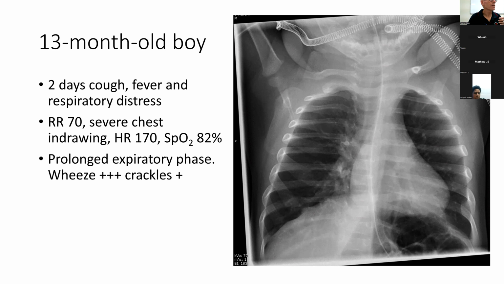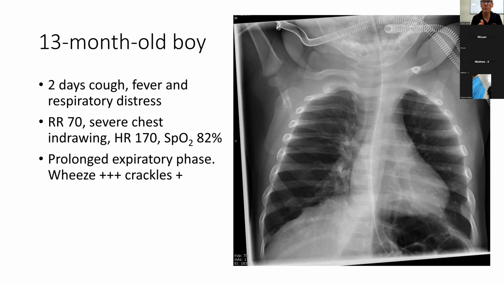Yeah, children with bronchiolitis, children who've got any form of airflow obstruction. If they've got expiratory airflow obstruction for any reason, whether it's bronchiolitis or severe asthma, then you need to use your muscles to breathe out because there's some obstruction to flow. So you put extra force against the expiratory phase, and that's why it takes longer.